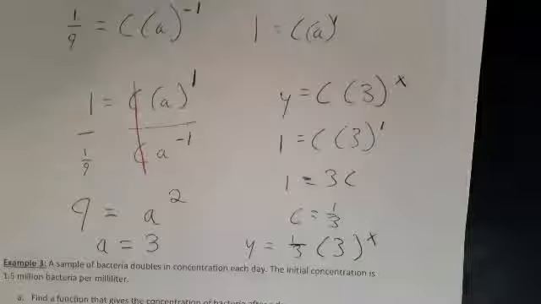So there's a few more steps involved if they don't give you that 0 right off. And there's a few different ways they can give you the points for these things. They can give you in like function notation. They can give you a table.